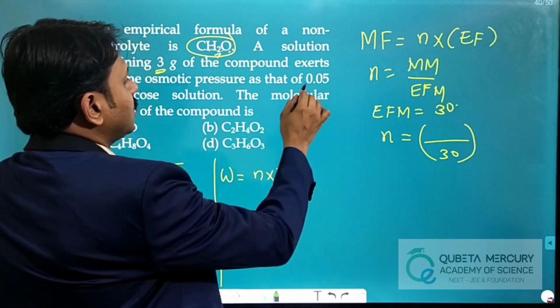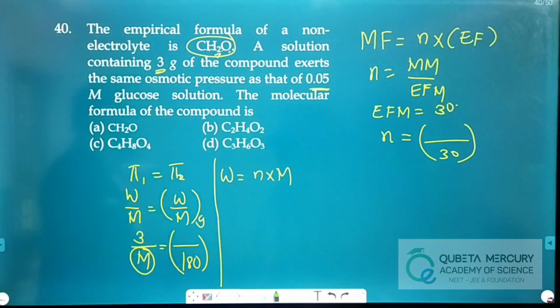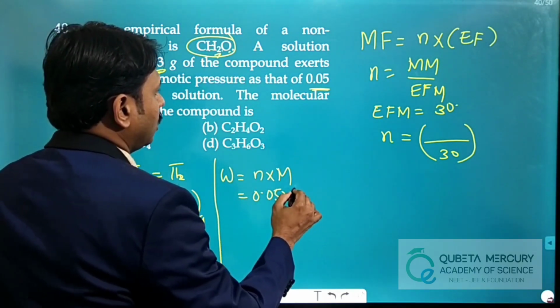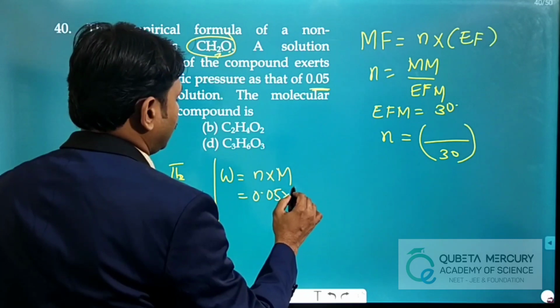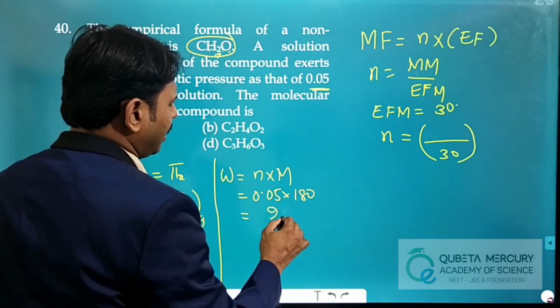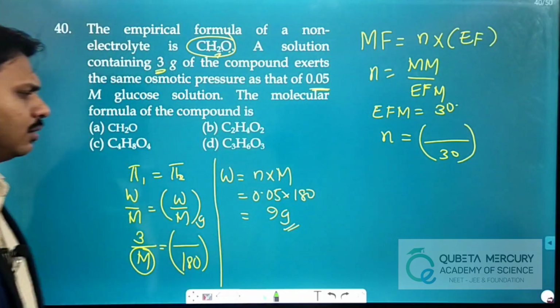This is a 0.05 molar solution. A 0.05 molar 1 liter solution will have 0.05 mole in it. So 0.05 into molar mass 180 will be 9 gram. Yes, 9 gram.